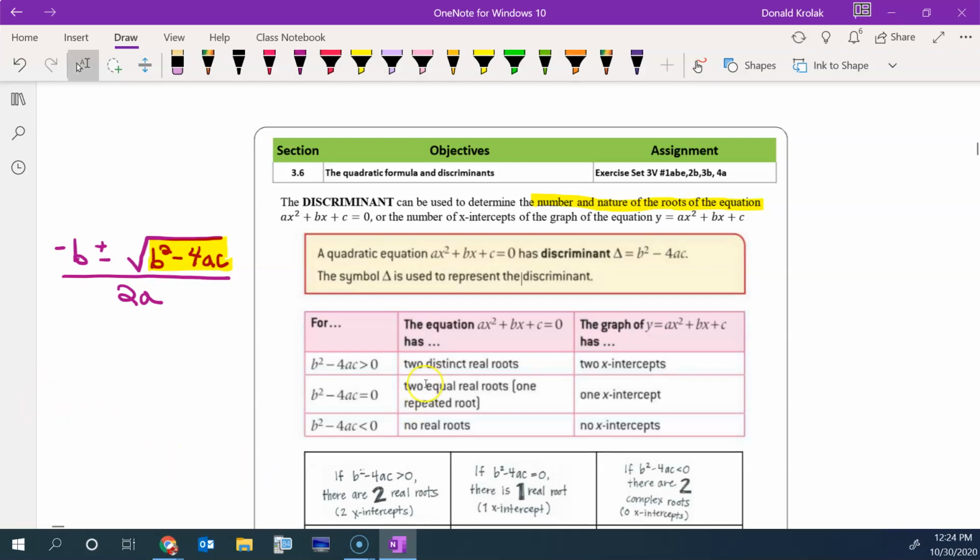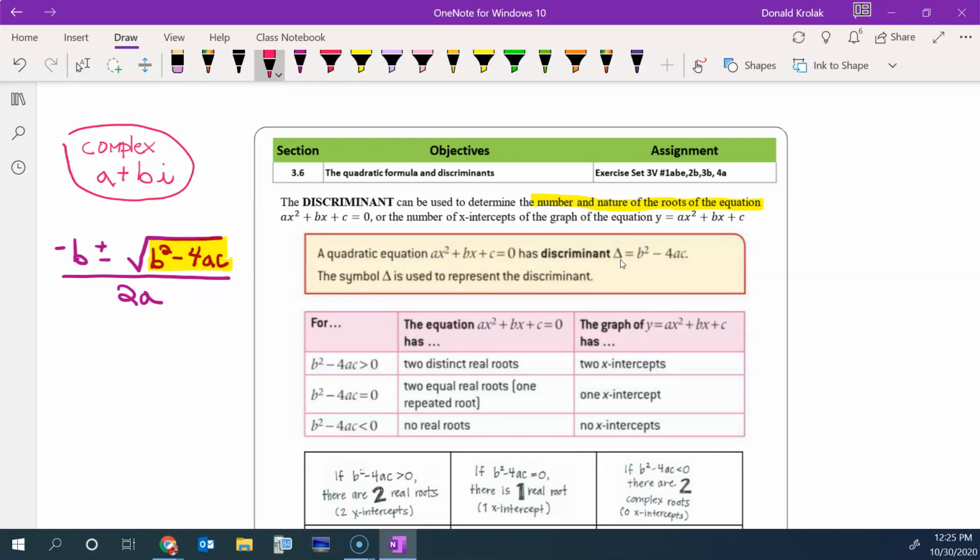Okay, so the nature of the root is: is it a real number or is it a complex number? Not real numbers, which are all the numbers you've dealt with. Then you have a group of numbers called complex numbers that are made up of imaginary numbers. So a complex number has a real number part and an imaginary number part.